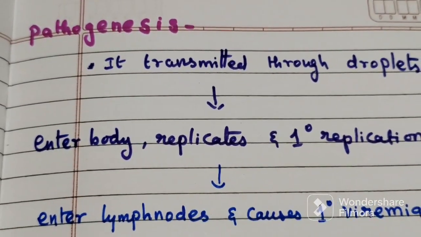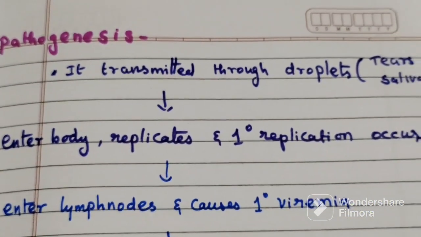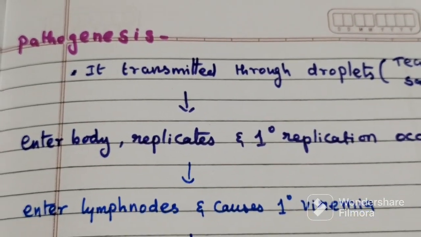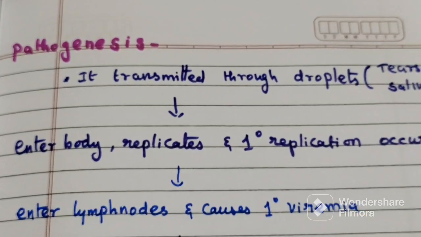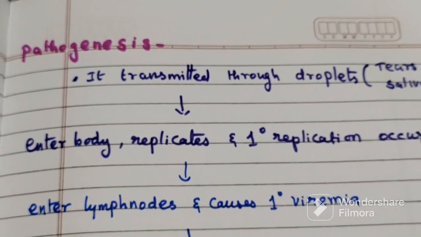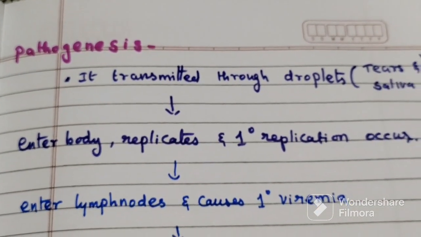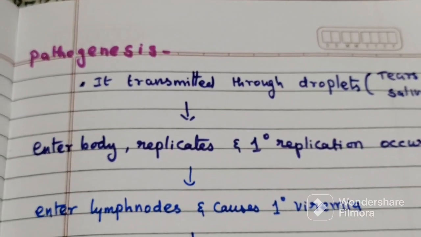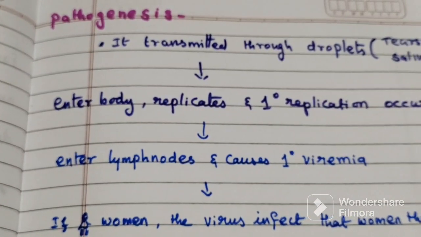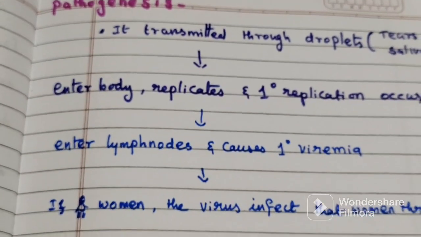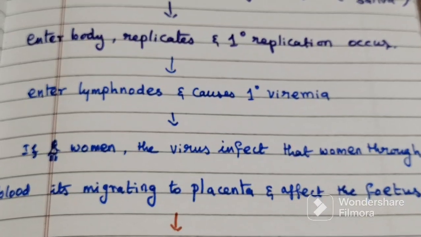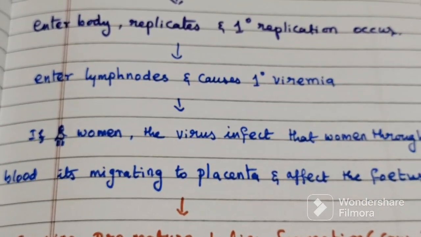Next, pathogenesis. Usually it is transmitted through tablet, tears and saliva, and it enters the body and replicates. Primary replication occurs and it enters lymph nodes and causes primary viremia. That means virus in the blood. If that woman is infected, the virus migrates through blood to the placenta and affects the fetus, causing premature babies.